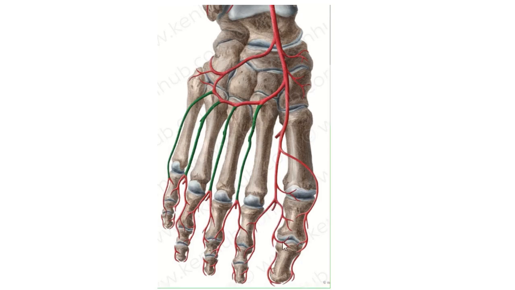As you can see here, these dorsal digital arteries end just proximal to the distal interphalangeal joint at this point. This distal phalanx and the nail beds are supplied by the plantar digital arteries.